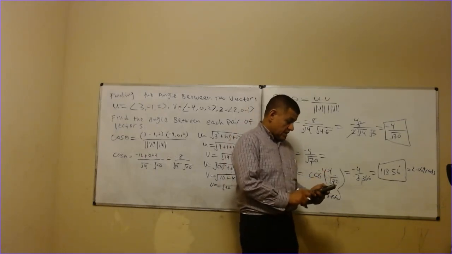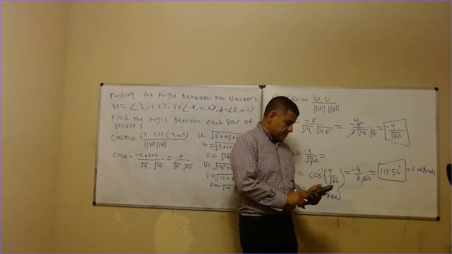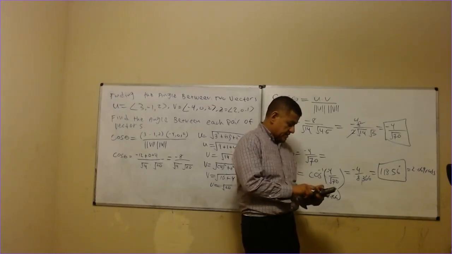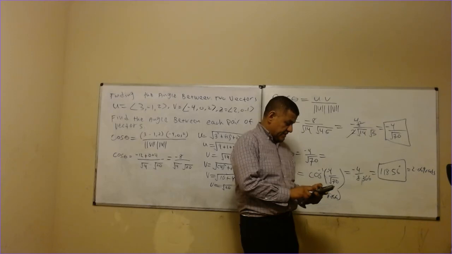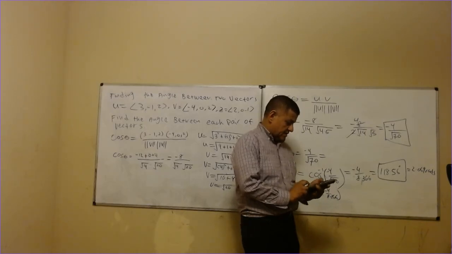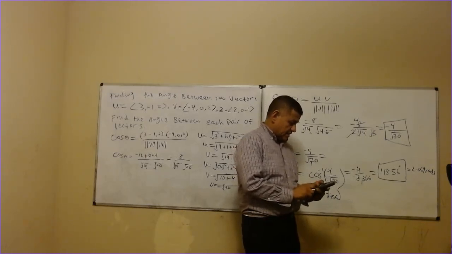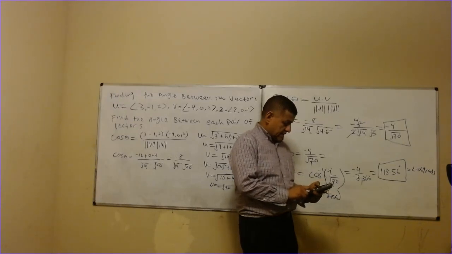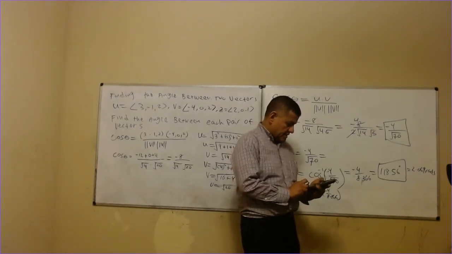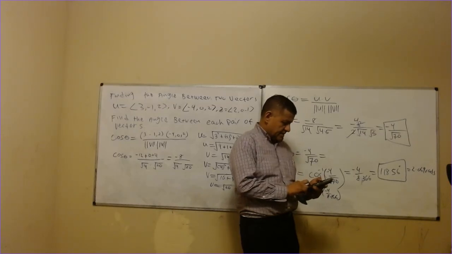So if I change the mode, just to prove that it's the same thing, I do second, and I do cosine inverse of negative 0.47.